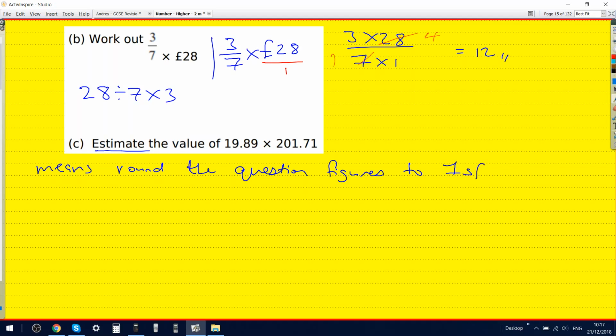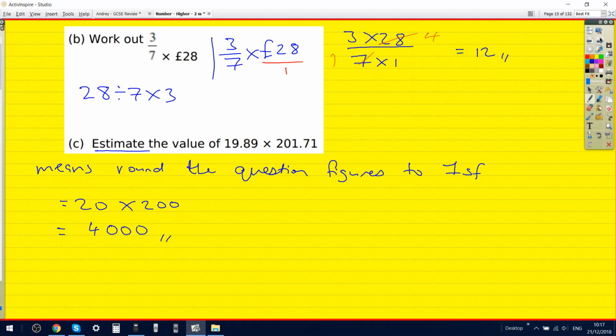To have to do like 20. Yes. And 202. No. 200. 200. And then that would be like 4,000. Yeah, 4 and 3 zeros. Yes, so estimate means round the question figures to one significant figure. Okay. So one number that is not 0. That's what it means.